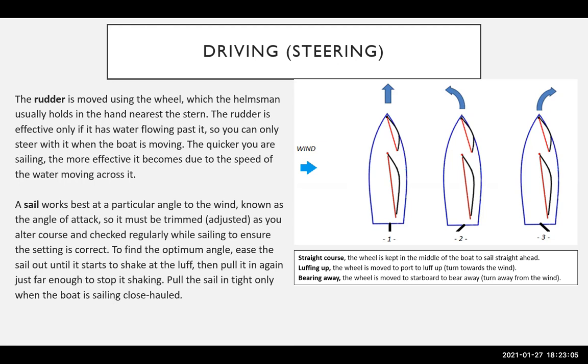What happens as you begin to move upwind is that you may experience shifts in breeze, you may experience being knocked off course by waves. All you have to do is realign the rudder as well as trim your jib and your mainsail in order to keep yourself moving forward in the most effective manner possible.